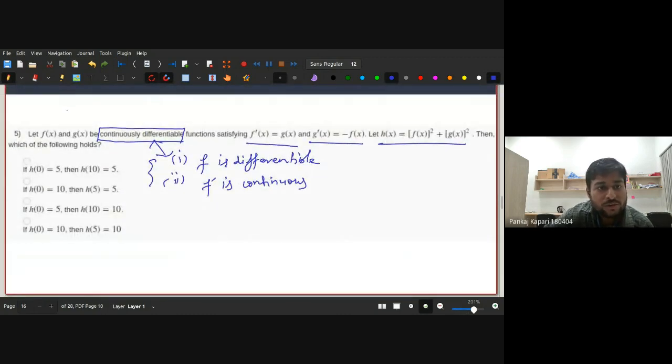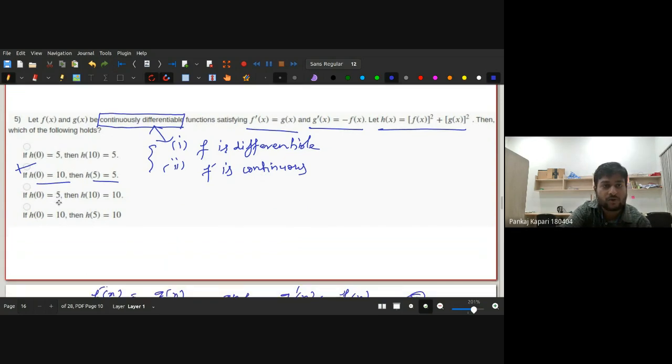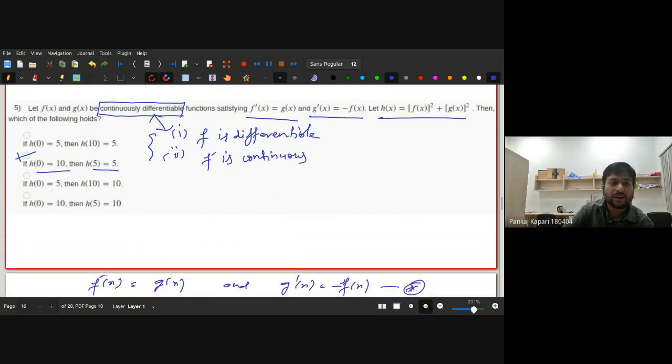And according to that, which options can be ruled out? We can rule out this option, right? Because it's saying that at 0 it is 5, at 10, okay, we cannot rule out this one. Let's see. But we rule out this second one, because at 0 it is 10, at 5 it is 5, and that cannot happen, because the function must be constant, so it cannot take two different values. Similarly, this also rules out because it is taking two different values.